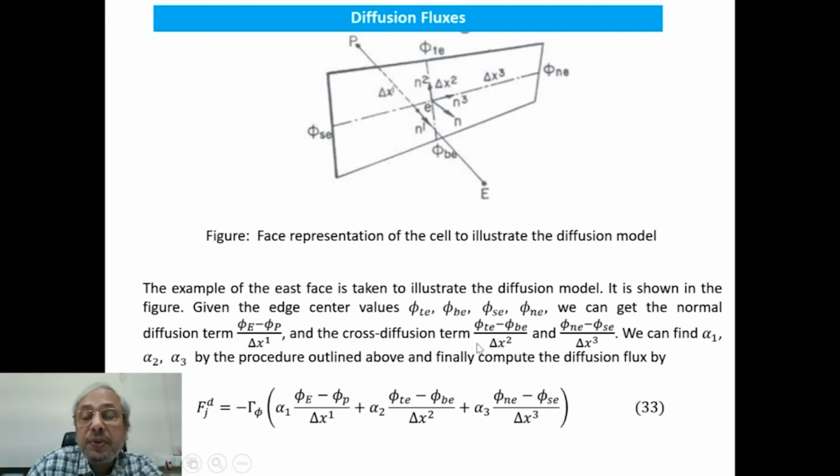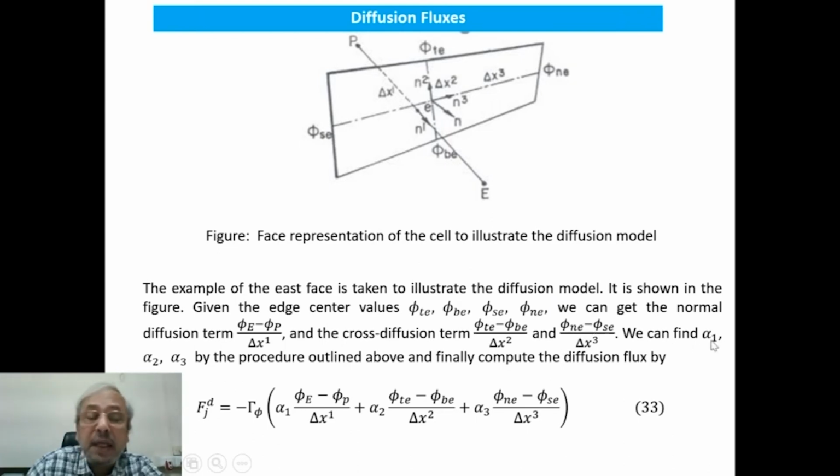And the cross diffusion terms are basically phi T minus phi B divided by del x2, phi NE minus phi SE divided by del x3.